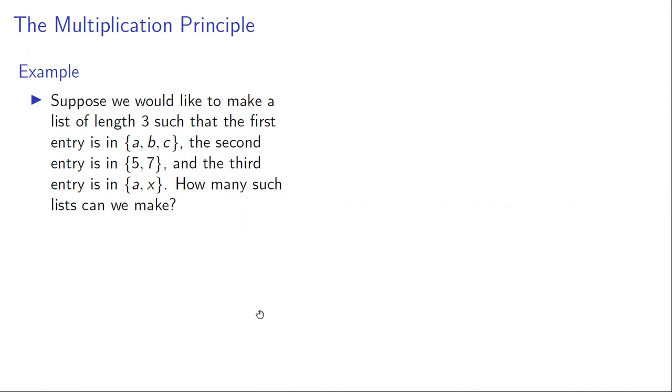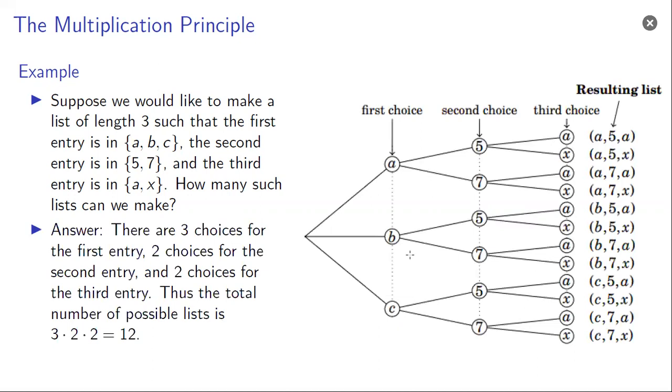Okay, so the book has a whole method of doing this, which is just really good for the very first time you're learning about it. You should not have to do this whole method that I'm about to show you on every such problem. So what the book does is it draws a tree like this, and the idea is we start here on the left and we make a first choice, meaning what should we put in as the first entry of the list?